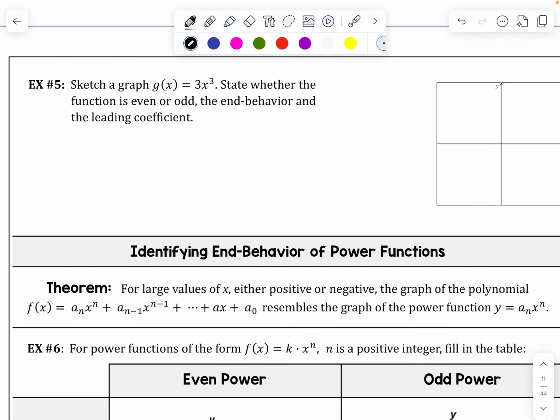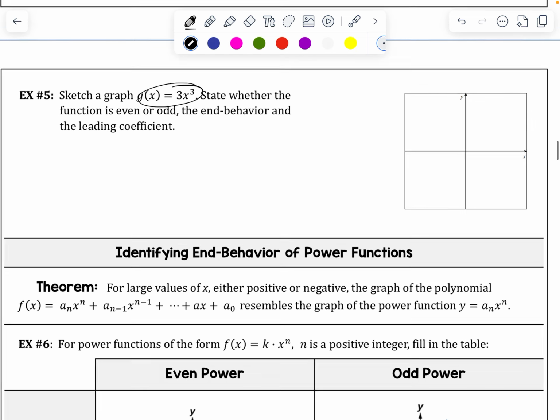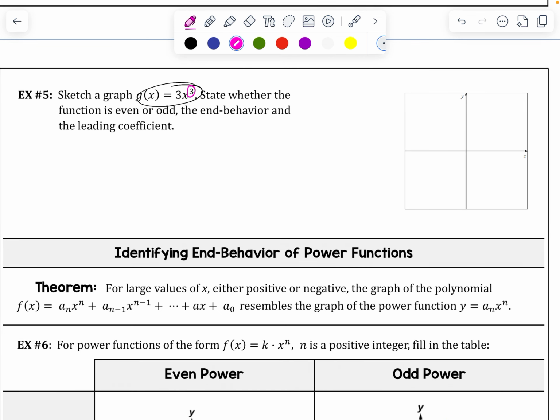Let's sketch g of x equals 3x to the third. State whether the function's even, odd, the end behavior, and the leading coefficient. So remember, looking at this, we know g of x is odd because it has the power of 3. We can also state by its end behavior, it's a positive odd, so it's going to go up to the right and down to the left.